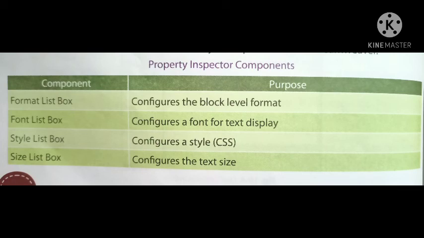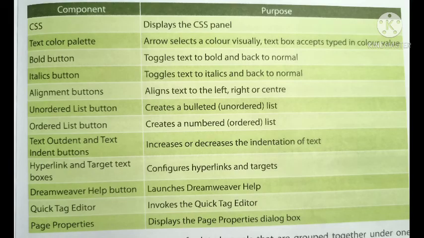Format list box, font list box, style list box, size list box, CSS, text color palette, bold button, italics button, alignment buttons, unordered list button, ordered list button, text outdent and text indent buttons, hyperlink and target text boxes, Dreamweaver help button, quick tag editor and page properties.